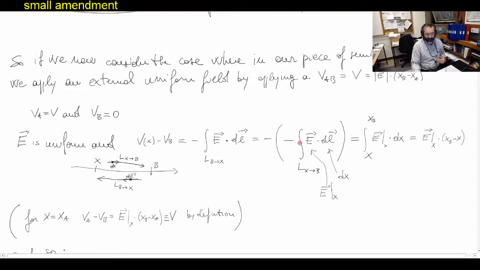So it is minus the integral of the path that goes from X to B. Now dl is actually dx, E is the component along the x-axis, and these two minus signs cancel out, and this becomes the integral from x to xb on the x-axis. And so we find the result. The final result is correct. Yesterday also I put the right results, simply the explanation in between was erroneous. I made an error in sign twice that cancelled out.